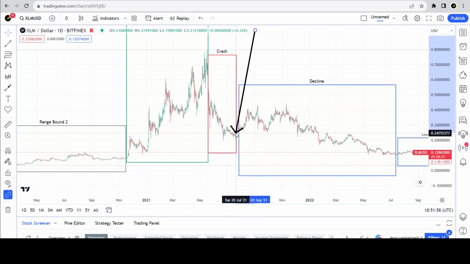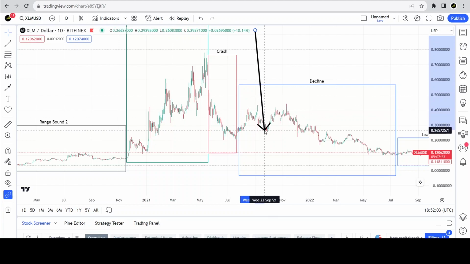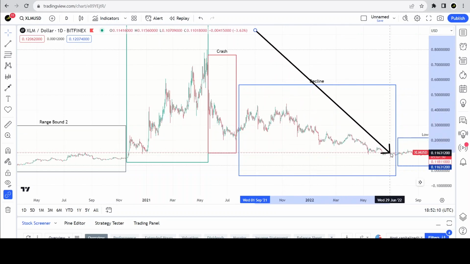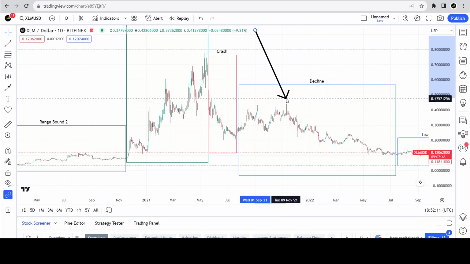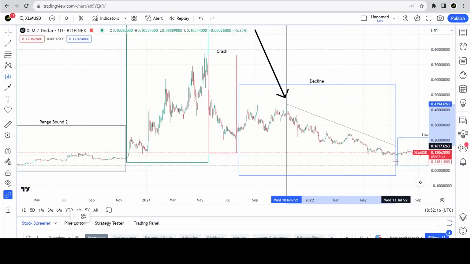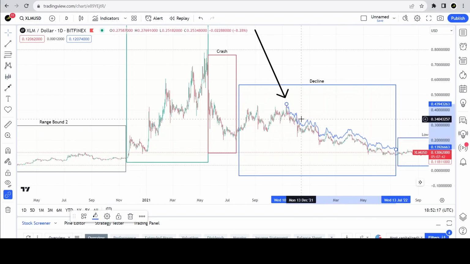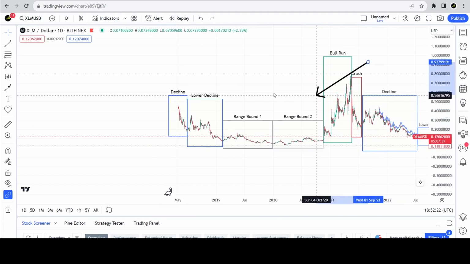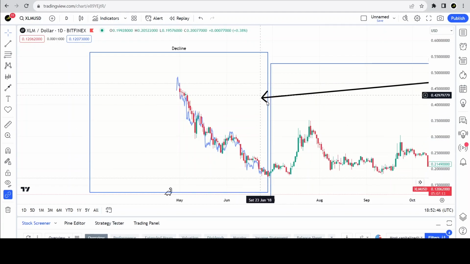So here is the complete structure. Price moves back up, forms a peak here, declines, moves back up again, and forms another peak here. From here, it declines again. Now, if we take this fractal from right here, copy and paste it onto the original structure over here, it would look something like this.